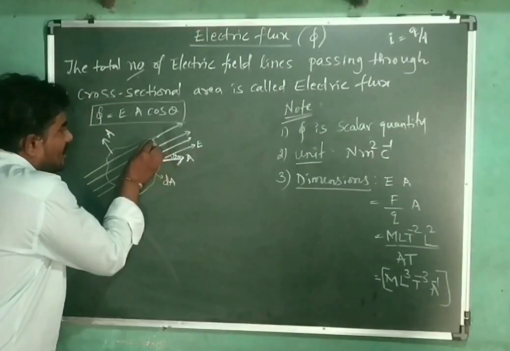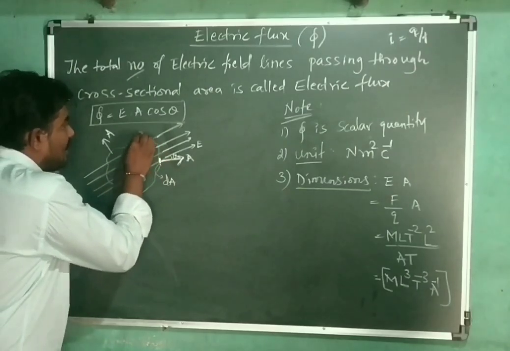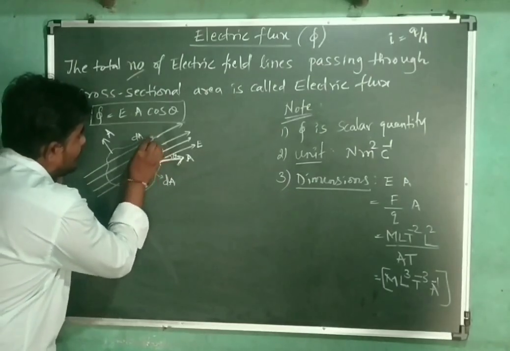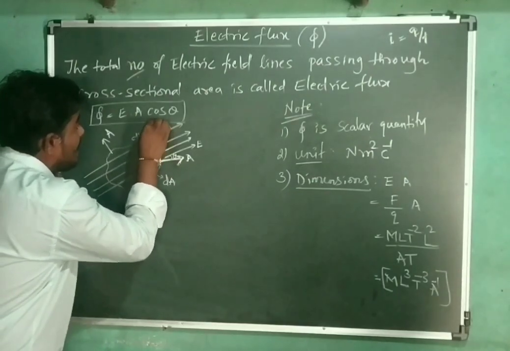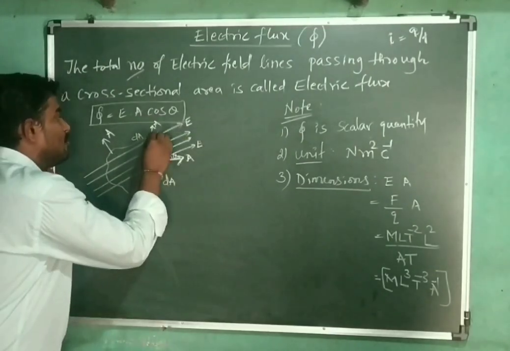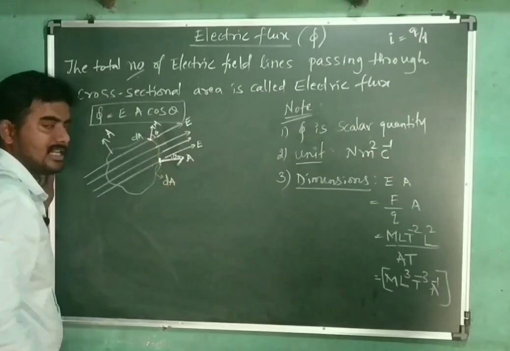If I consider this very small area, let us call it dA only. For this dA area, this is the direction of the area vector, and this is the direction of the electric field. You can observe here, theta is the angle, here theta angle, here theta angle, both the angles are different.